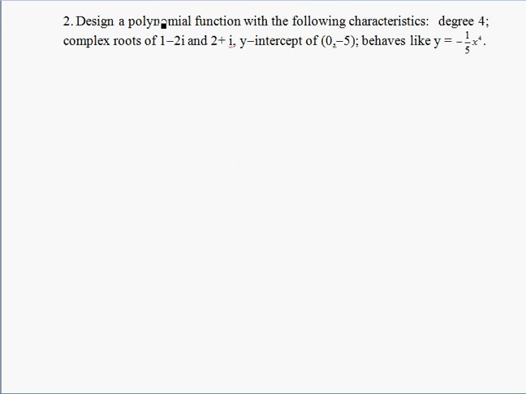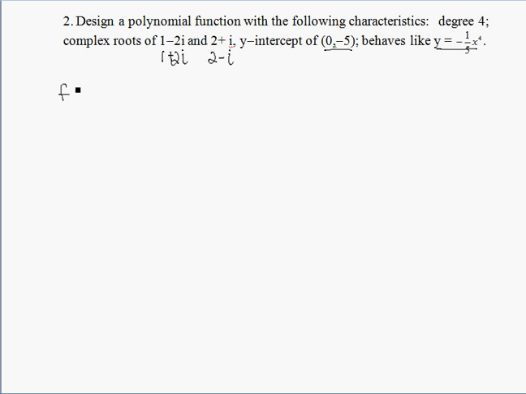Next one is similar. Create a polynomial function, degree 4, complex roots of 1 minus 2i and 2 plus i. So that means we have the complex pair of also 1 plus 2i and 2 minus i. And these two pieces here, we'll deal with them at the very end.